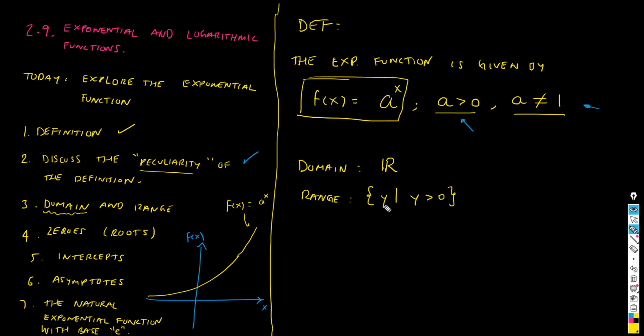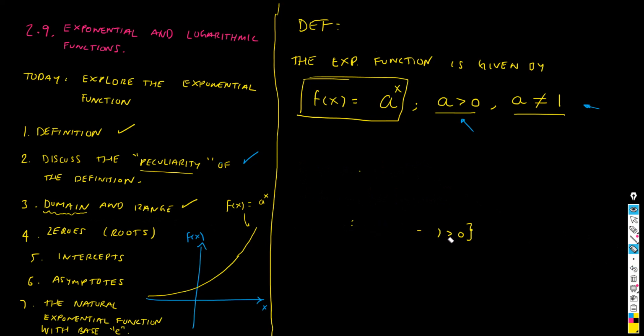Or in other words, since the y-axis works as your axis of f of x, the range is simply all the numbers f of x such that f of x is greater than 0. So this is the domain, this is the range, these are two different ways to say it. It's the same thing. And we're done with the domain and range.